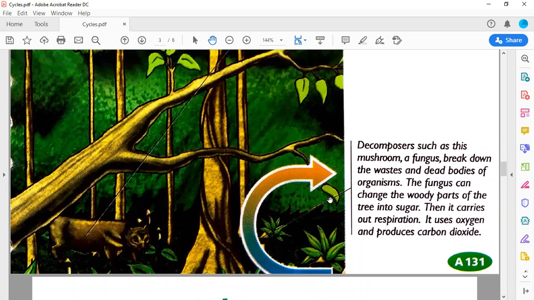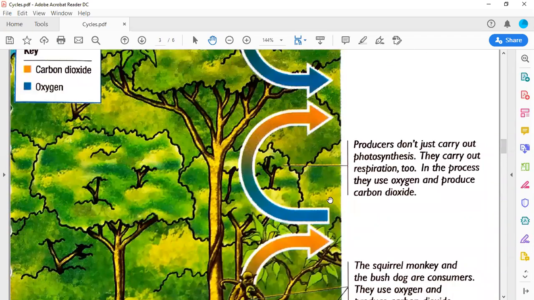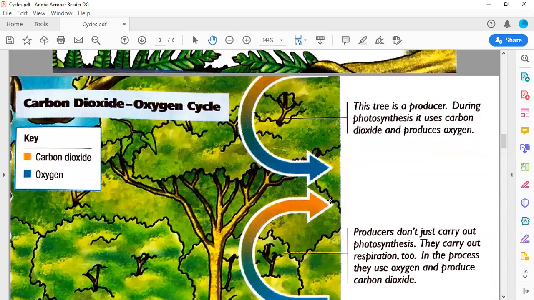So you are able to notice, guys, how it is called a cycle. Let me draw a little bit over here so you have a better understanding. You are able to notice how carbon dioxide is changed into oxygen first during photosynthesis. Then oxygen will be changed into carbon dioxide during respiration.